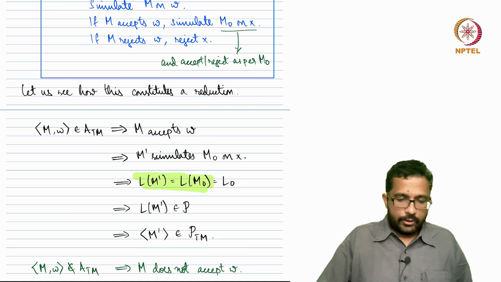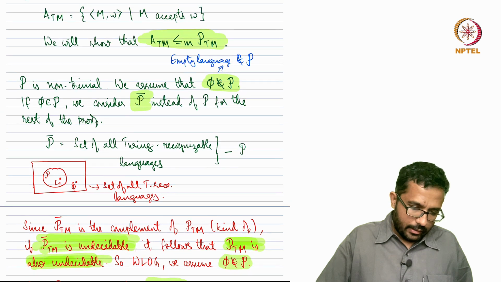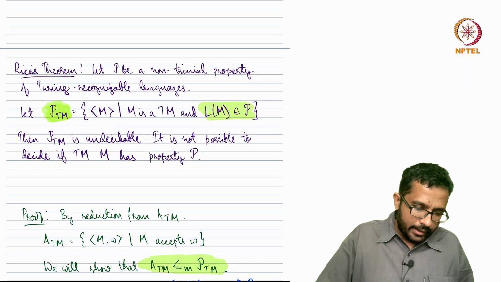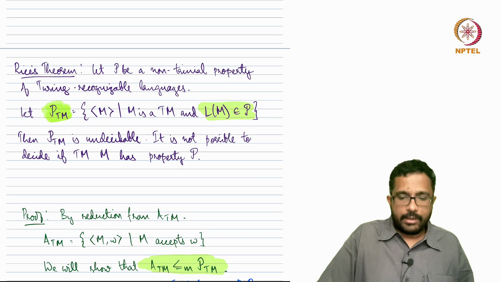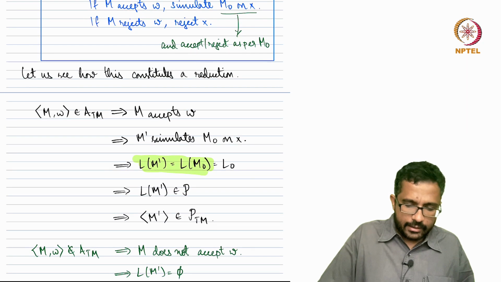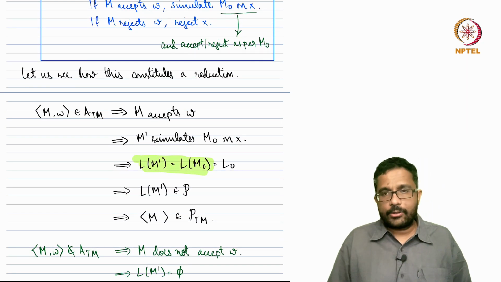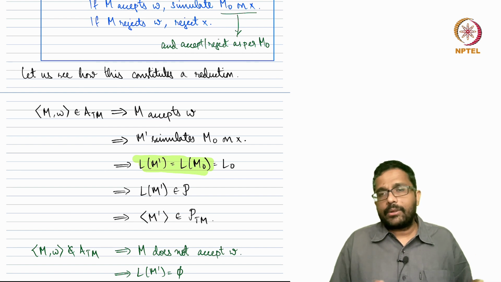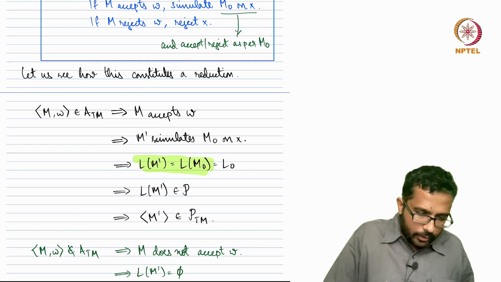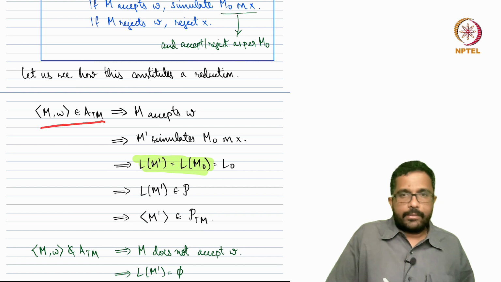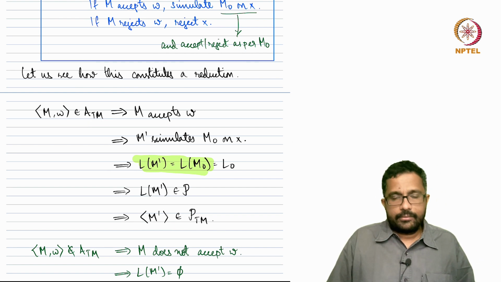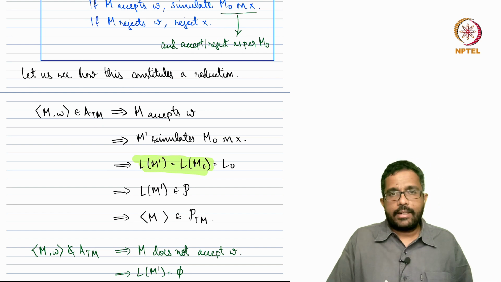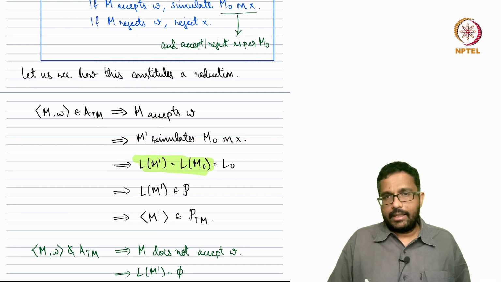So the answer to the question, does M prime satisfy the property P, is yes, because the language it recognizes is L0, and L0 has the property. So if M comma W is in ATM, if M accepts W, then M prime has that property. The yes instance of ATM maps to a yes instance of PTM.